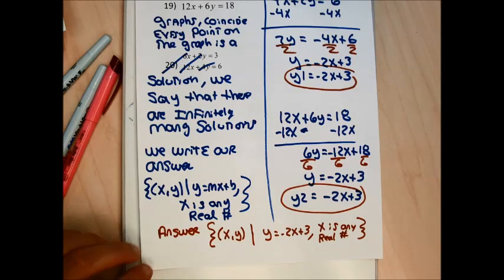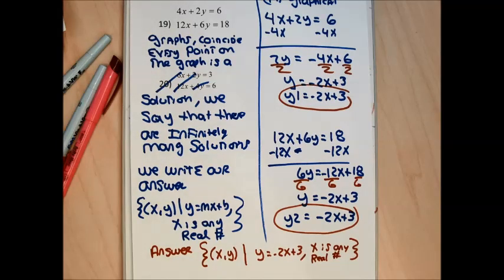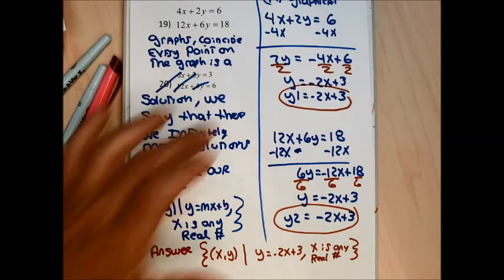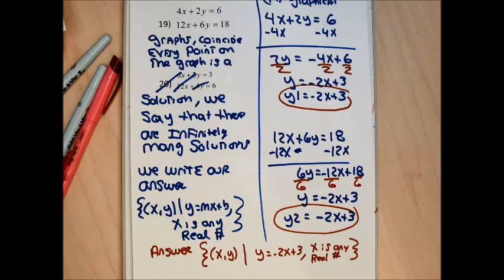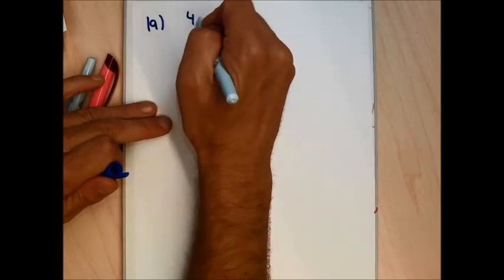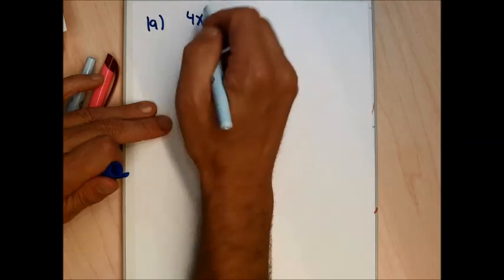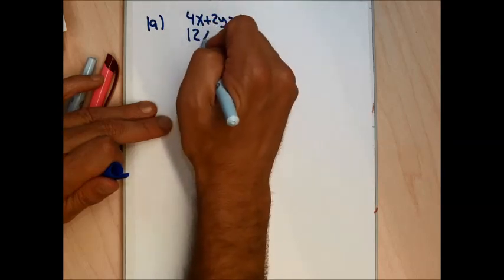So I'm going to do 19 by hand, and I can tell that the lines are going to coincide if the letters cancel and you're left with a true statement. So for problem 19, because I know ahead of time that there's going to be infinitely many solutions, or the graphs of the lines coincide, I should make a comment.